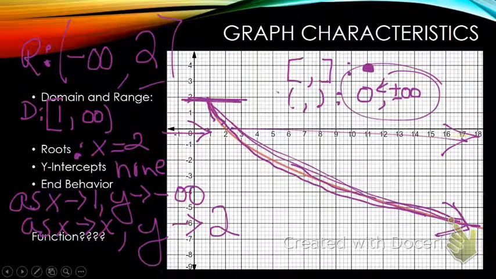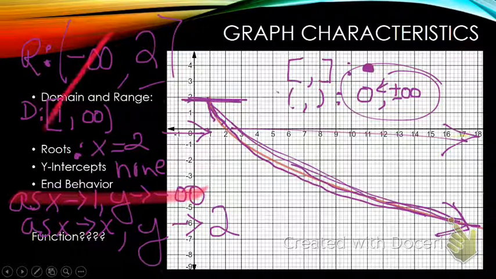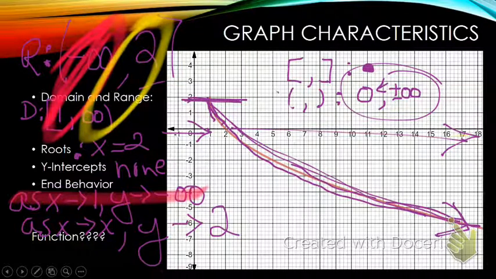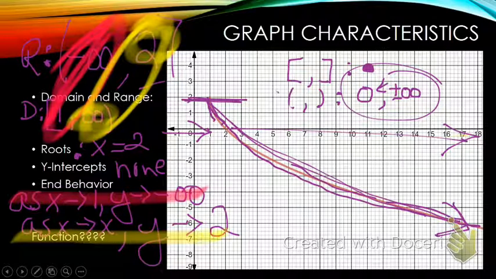If you notice, this line right here is the same thing as our x's in our domain and range. As x goes to positive infinity, y goes to 2. That's this line right here. We can make a general statement that that's going to be the case. Those are the things that you can think about, and you can think smarter, not harder.